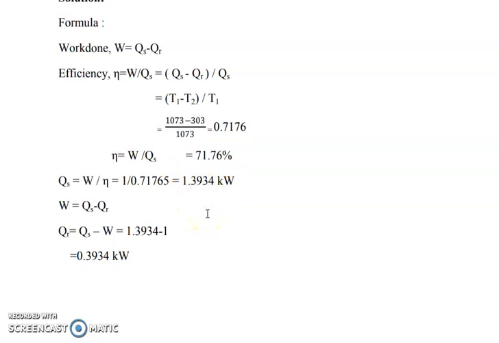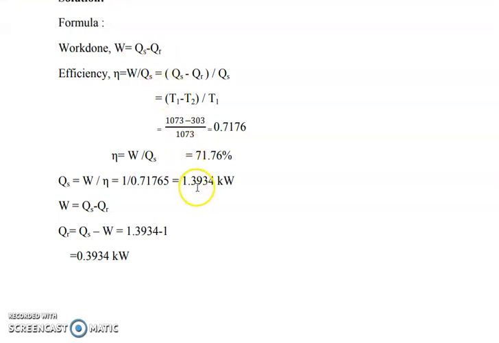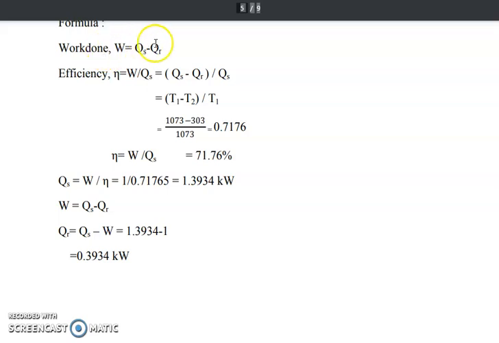Then now you can use this relation: work done equals heat supplied minus heat rejected. Here the heat supplied value is 1.3934, and the heat rejected is not known, we are going to find out. In these three parameters, now we know the value of work done and heat supplied, so the only unknown parameter is heat rejected. If we rearrange this relation, we can find out the heat rejected.